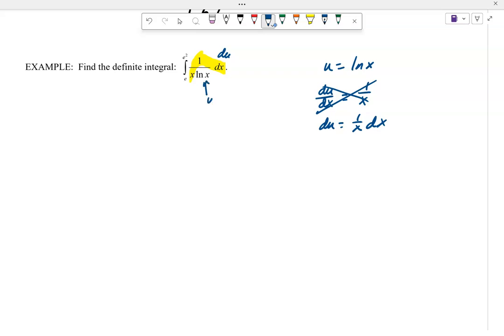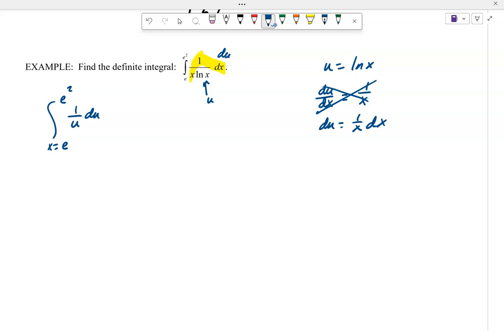And ln of x is my u. And so what I end up with is 1 over ln of x, 1 over u. And then I replace the yellow highlight with my du. And I'm going from x being e to e squared. Well, actually, I should know that one, I should have that one memorized.